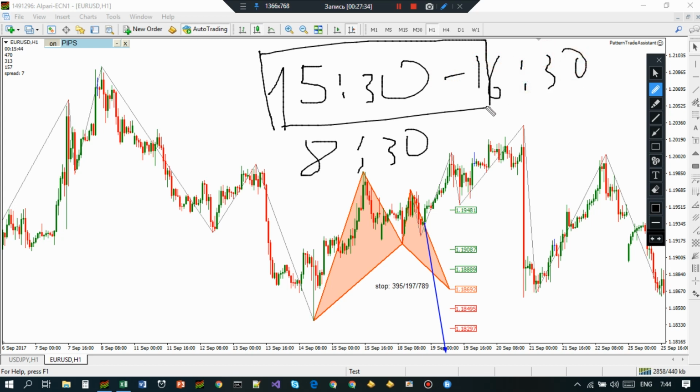Sometimes we have it at 16:30 because we don't have a daylight saving time shift, and it is always 8:30 in New York. This is the major news event release that affects at least this euro-dollar pair, because the dollar is very connected with American news.